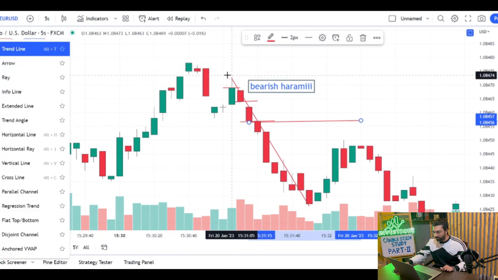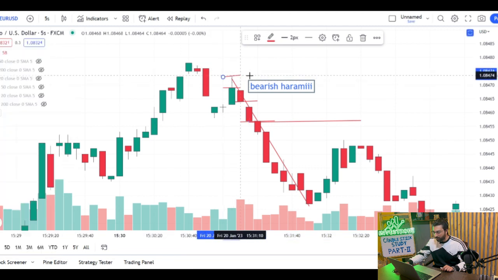The stop loss would be at the high of the candle, the high of the candle where the bearish harami pattern formed. And the take profit could be 1 by 2, 1 by 1, 1 by 1.5 as per the trader's knowledge. He or she can put the stop loss and the take profit according to his own judgment.